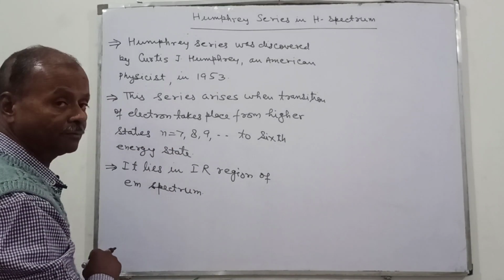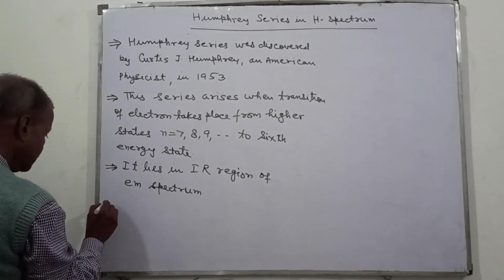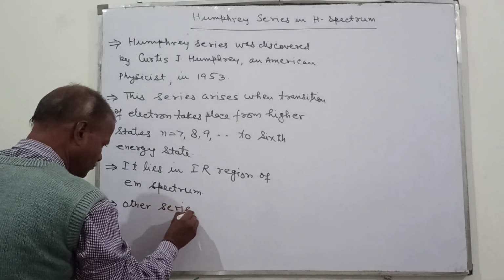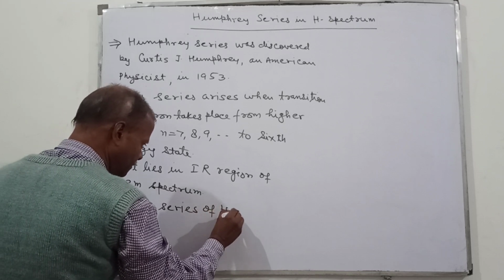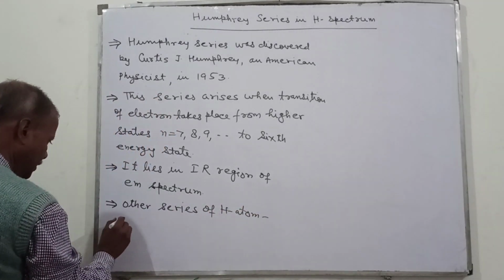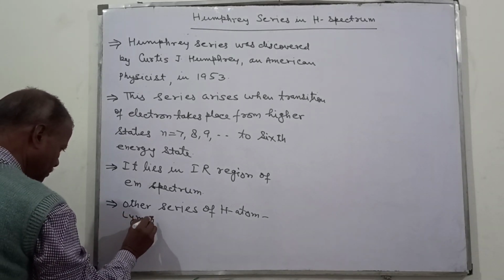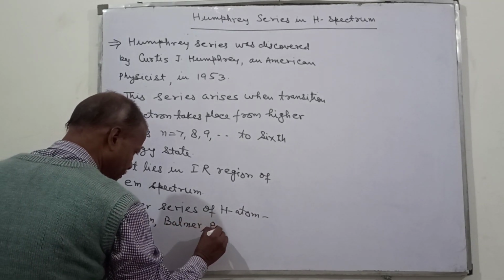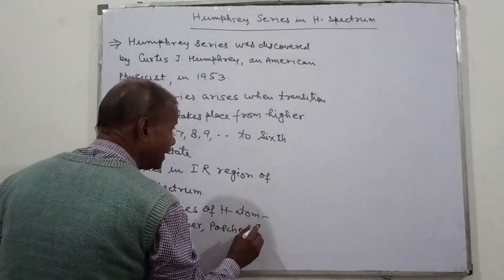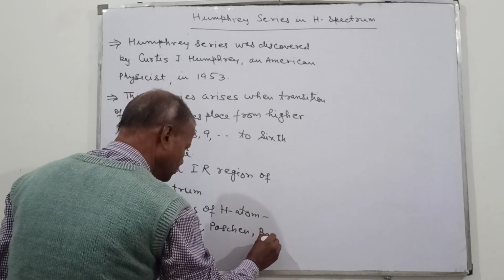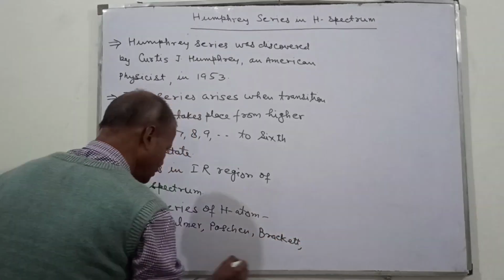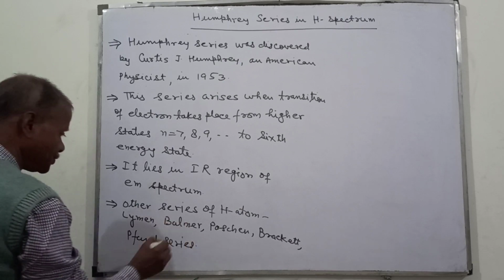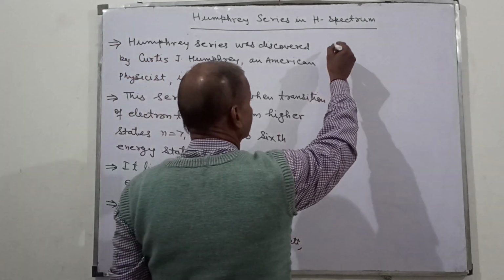So this series is different from the other series of hydrogen atom, they are the Lyman, Balmer, Paschen, Brackett, Pfund series.